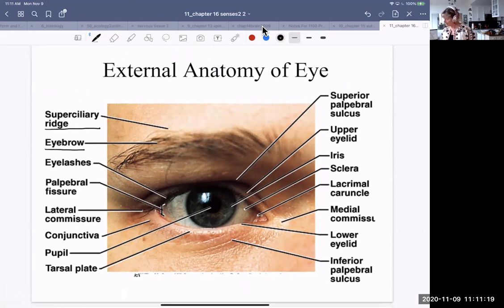The eyebrow, of course, is a selection of hairs. What do you think is the function of the eyebrow?